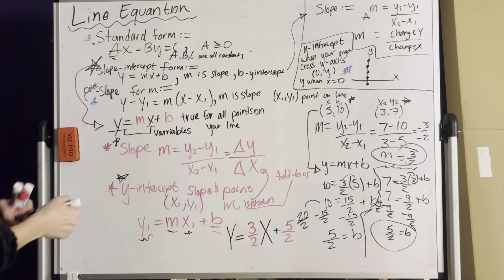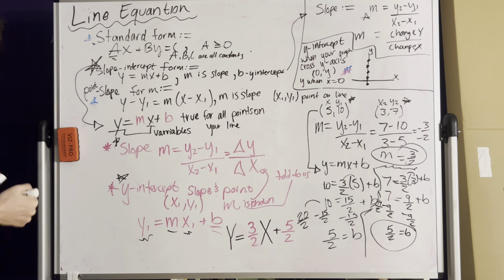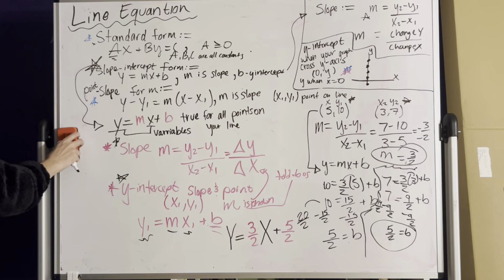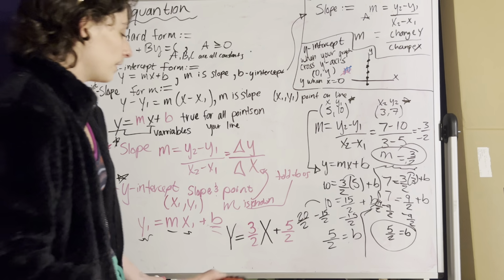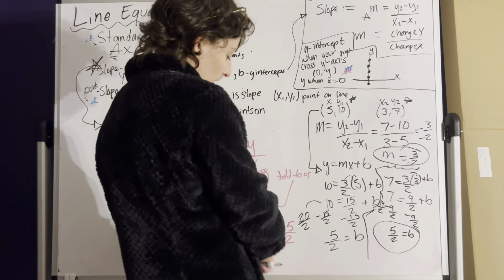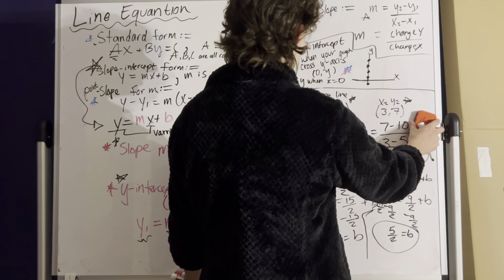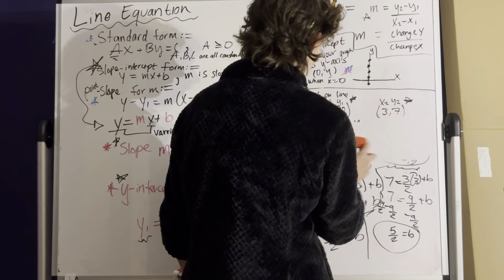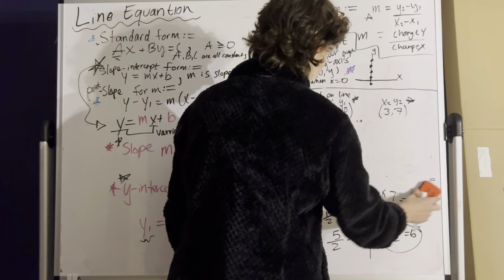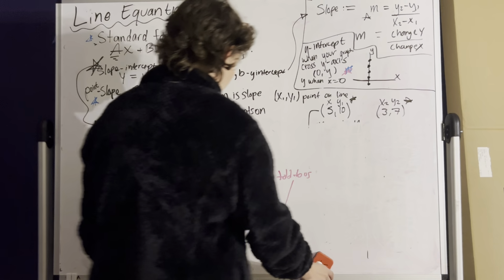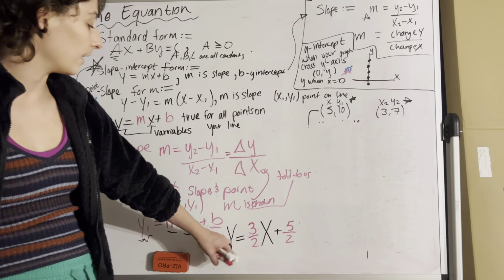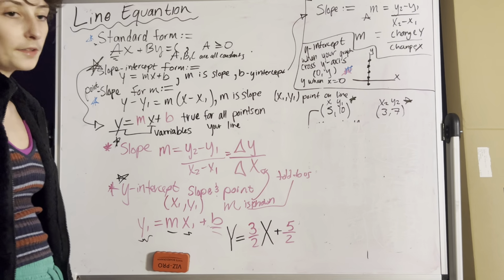So another way we can do this is if we wanted to graph. So I'm gonna erase it and I'll keep this because this is all we need now. That should be able to give us every single point on the line. And so this would be our algebraic solution, but that's not the only way to do it.